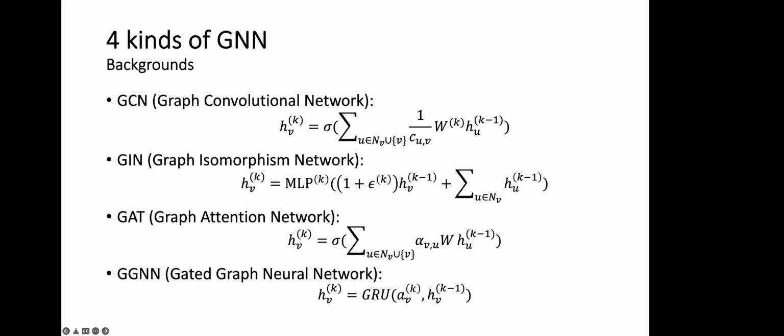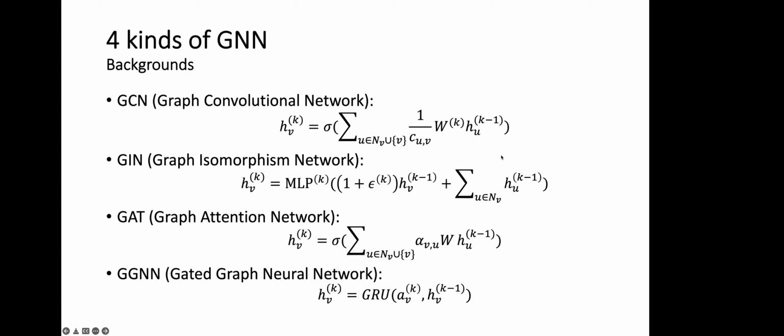So these are 4 kinds of GNN explored in this paper. They are very widely used. As we can see, different GNNs are differentiated by their parametric function, which is the way to combine the messages a node receives and the message of the node itself.